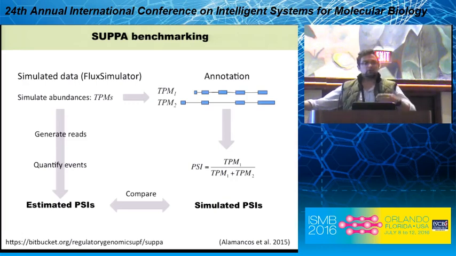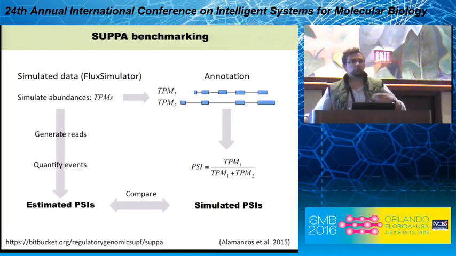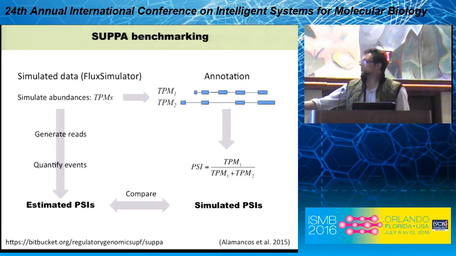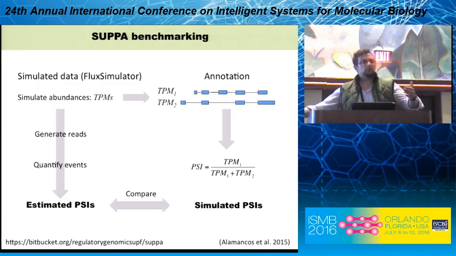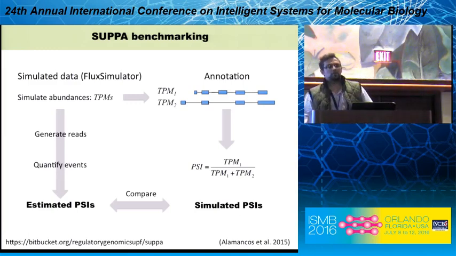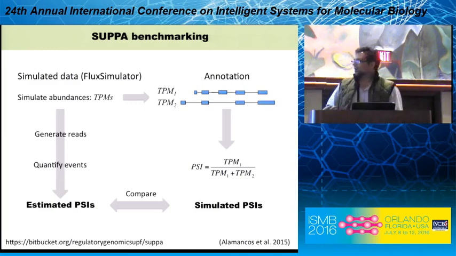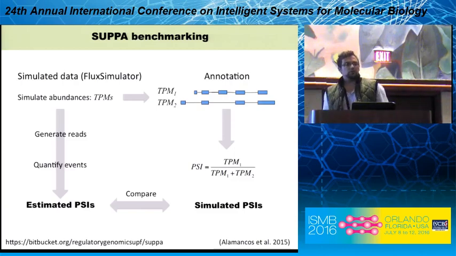We then used the simulated quantification only in genes with two transcripts to define the standard PSI, basically the relative abundances of the two transcripts. That would be the value that we want to calculate. The generated reads, after the different simulations of the biases of sequencing, were used to estimate PSI, of course using the same mapping method for the mapping-based methods and using a different quantification of the transcripts for SUPPA.